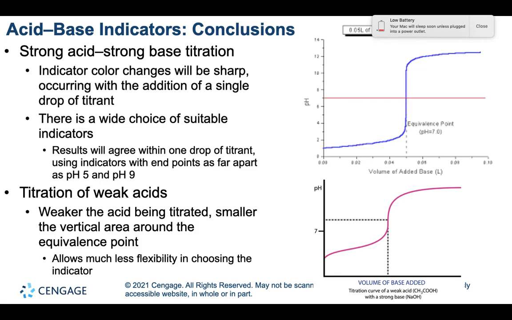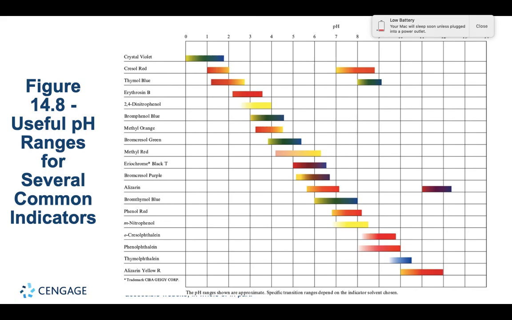So here are your common indicators and their pH color change. Just to pick a couple out here, we talked about methyl red. It changes color at about 5. It starts changing color a little above 4, and finishes changing color at about 6 point something.